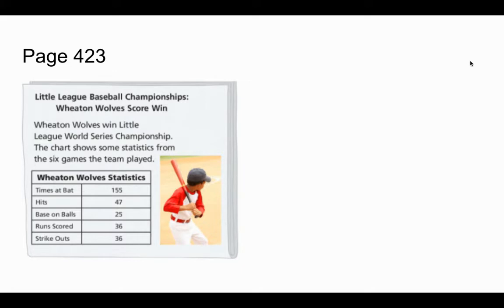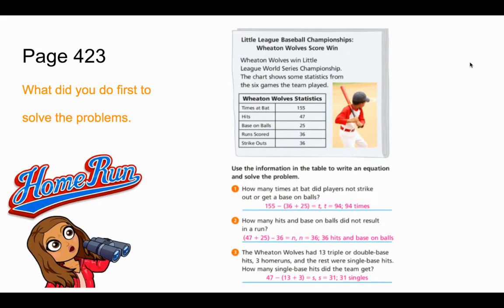All right, third graders, let's look at 423 first. You can listen if you didn't do this page, but what did you do first to solve the problems? It says use the information in the table and write an equation and solve the problem. How many times at bat did players not strike out or get a base on balls? So there were 155 total times at bat.